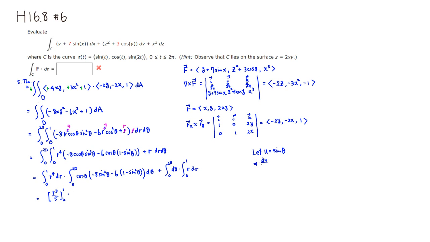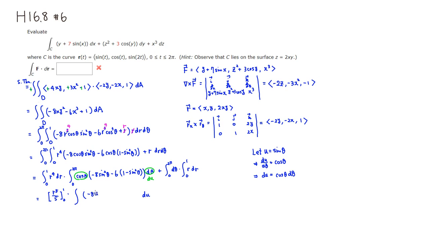Take the derivative of u with respect to theta, you get the cosine of theta. So we know that du is the same thing as cosine of theta d theta. So here you have a cosine of theta along with d theta, which is the same as du. So we have an integral with du, and all these things are written in terms of u.